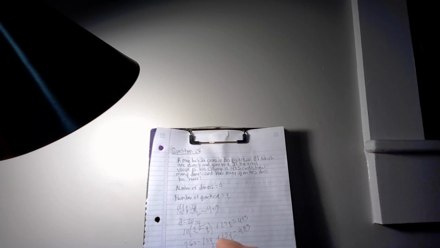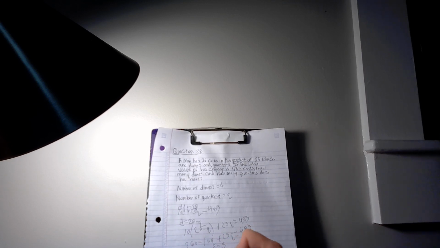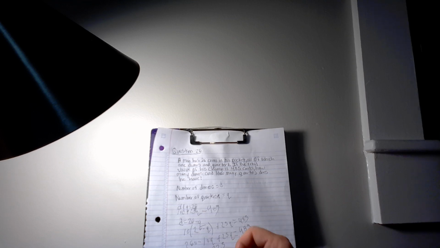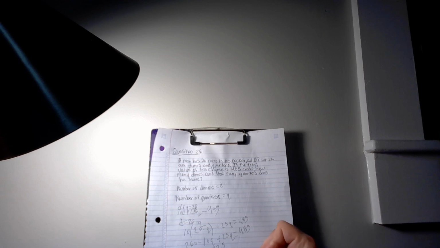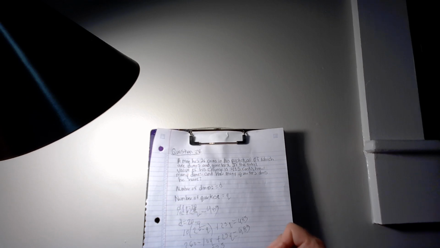So then you would have to solve for D. So D would equal 26 minus Q, which would equal 26 minus 15, which would equal 11.